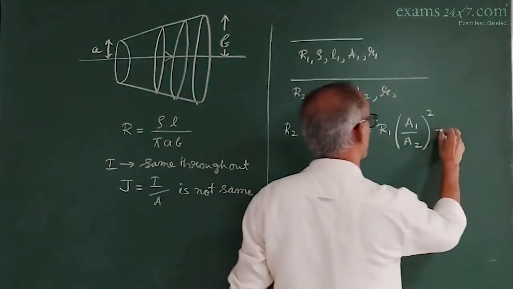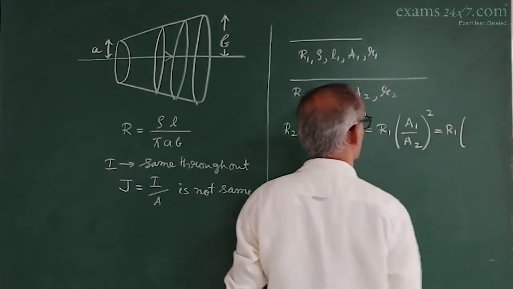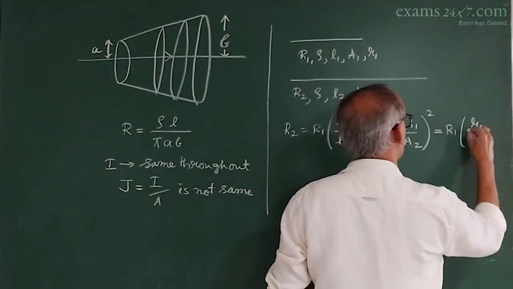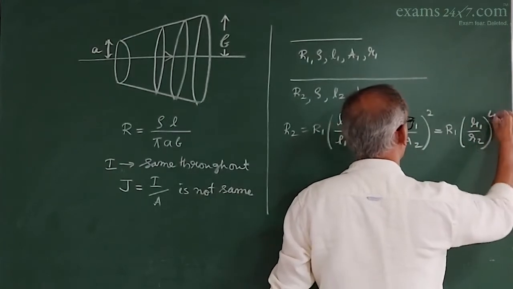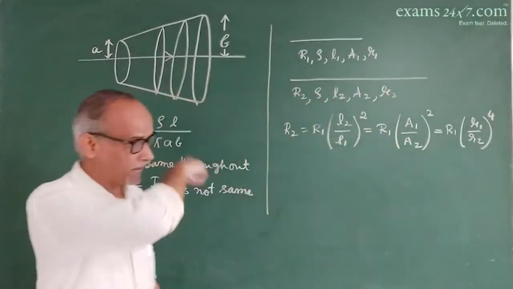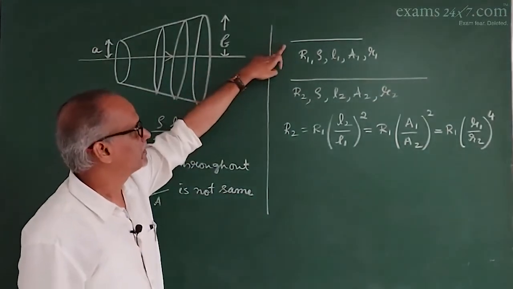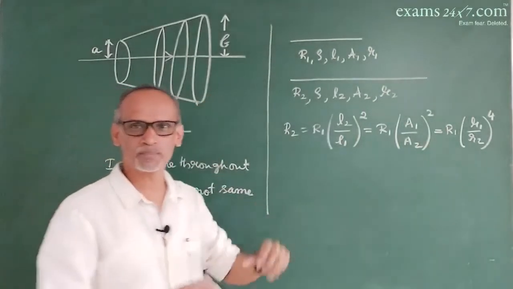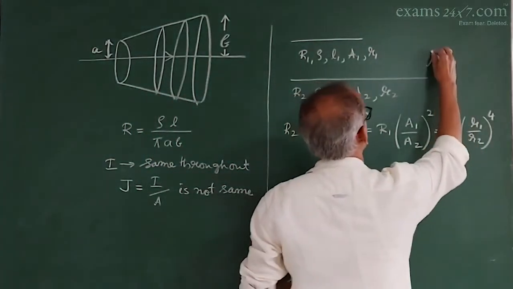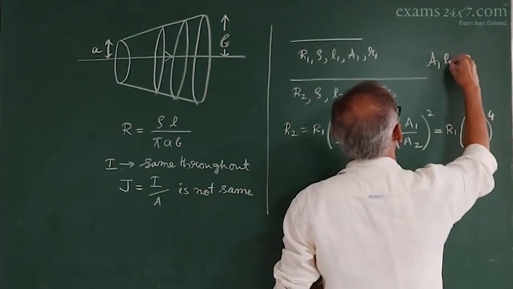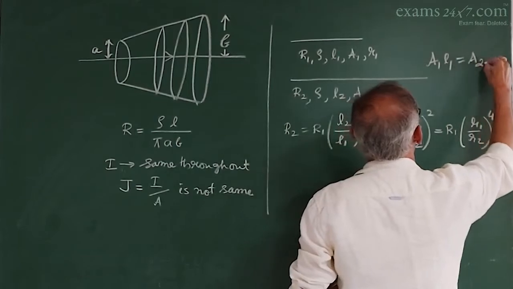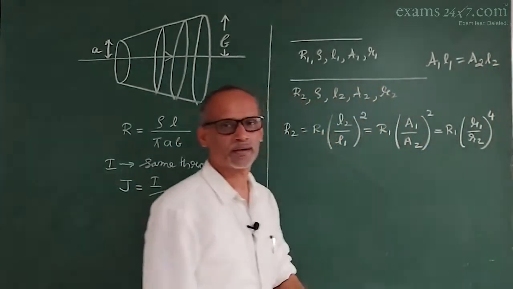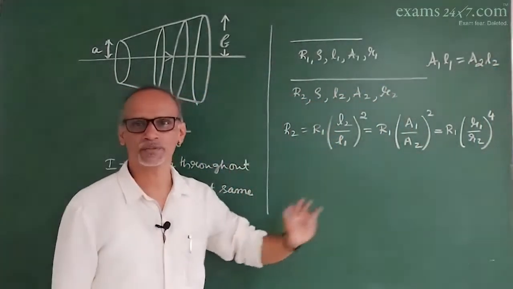And that is also equal to R1 into R1 by R2 to the power 4. This is because the total volume of the wire remains the same before and after stretching. So volume A1 into L1 is equal to A2 into L2. Using that, we can get all these equations.